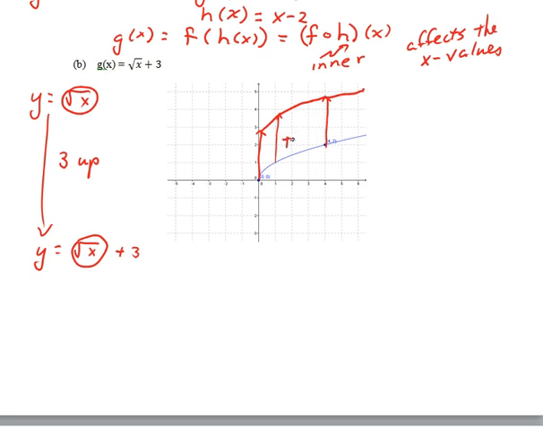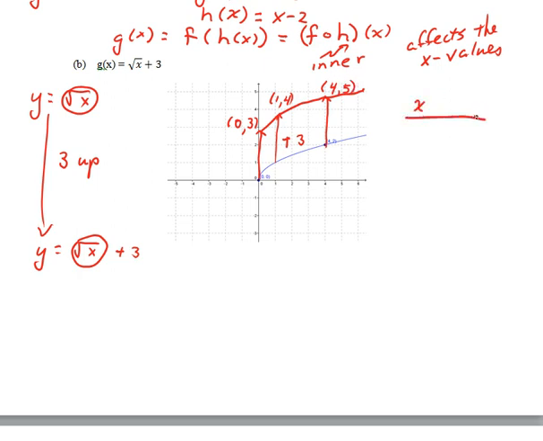This time all the y's have had 3 added to them to get the points (0, 3), (1, 4), and (4, 5).